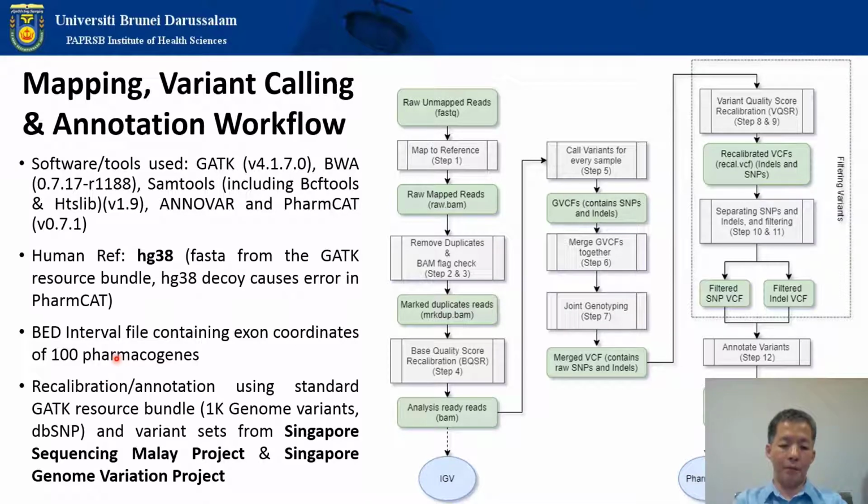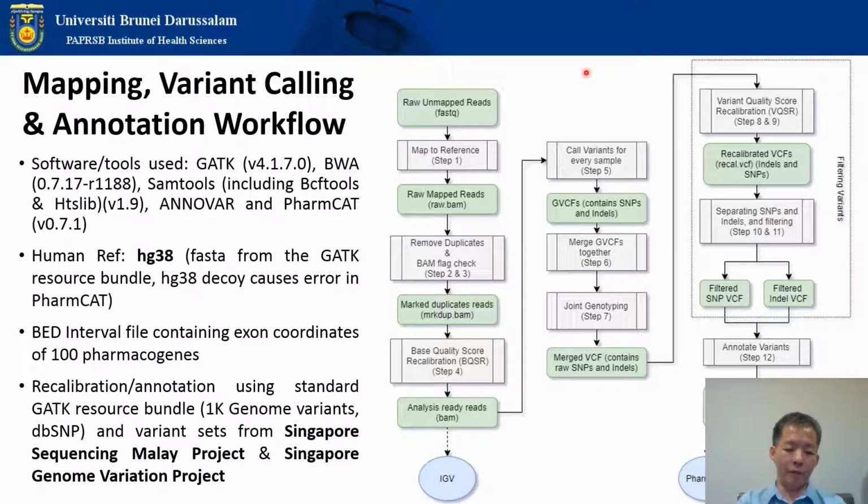The other thing is the interval files that we use to call our variants. These are the exon coordinates that we got from the reference sequence, the reference coding sequence, the mRNA coding sequence, based on the RefSeq.